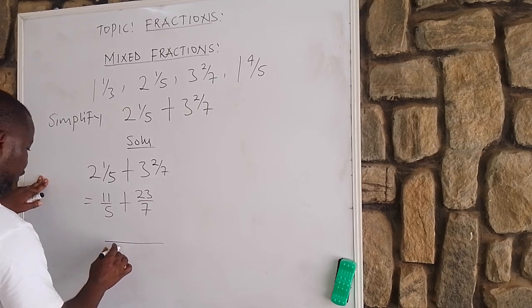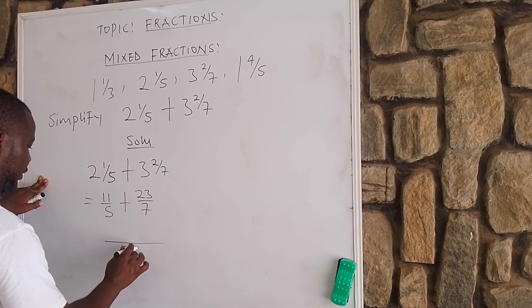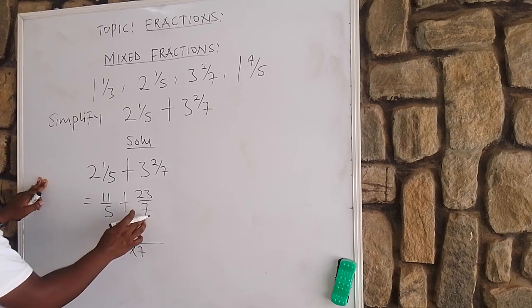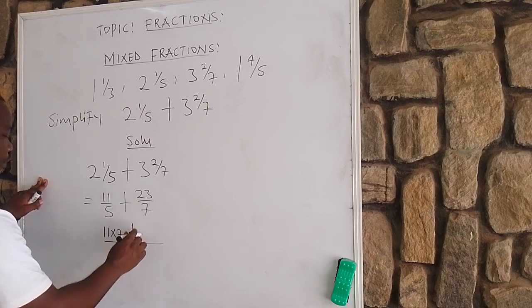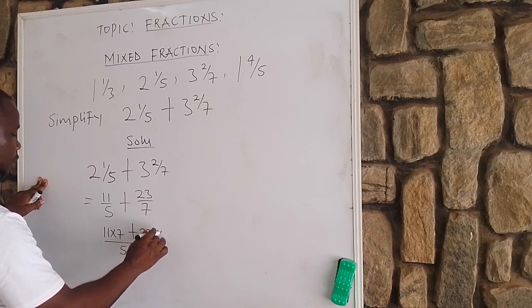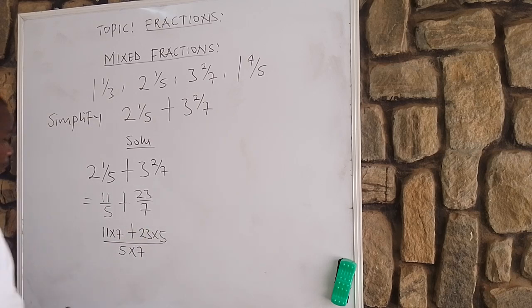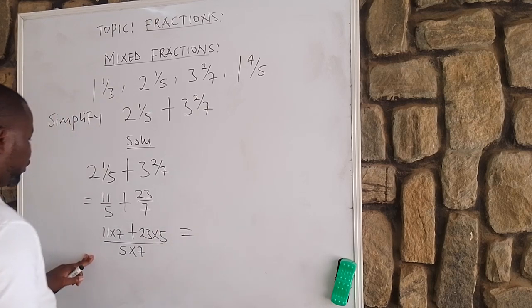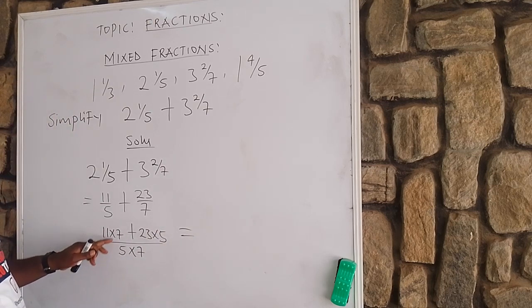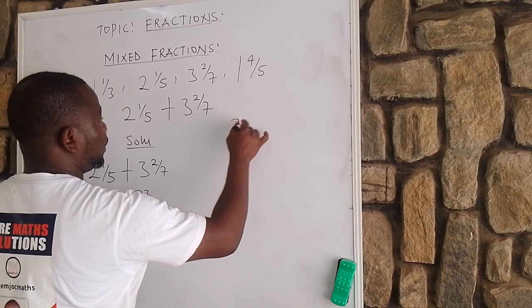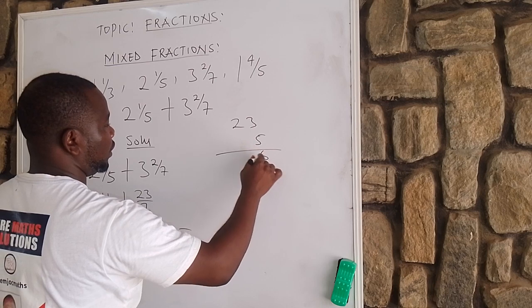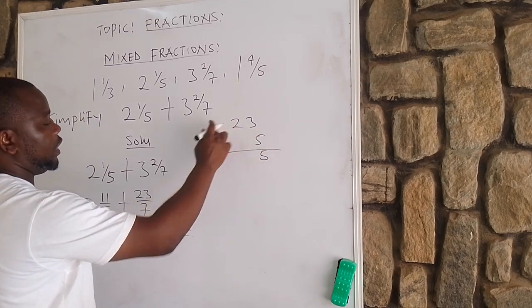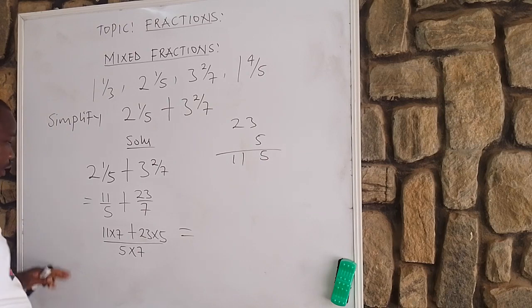Okay, so the denominator will now be 5 times 7. Then the numerator will now be 7 times 11 plus 23 times what? 5. So this one is going to give us 77, true or false? Then 23 times 5, 3 times 5, 15, isn't it? Carry 1, write 5, 10, 11, 115. Is that clear?